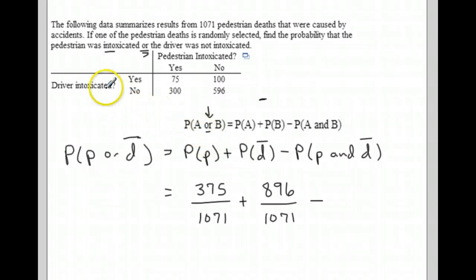Why are we subtracting this? When we added up the pedestrians that were intoxicated, that was these two values. The drivers who were not intoxicated was these two values. So this 300 got counted twice. It got counted here for the pedestrians intoxicated, and here for the driver wasn't. So this 300 is overcounted, so we subtract it off. We see where it is in the table, P and not D: pedestrian yes, driver no. Where they intersect is 300.